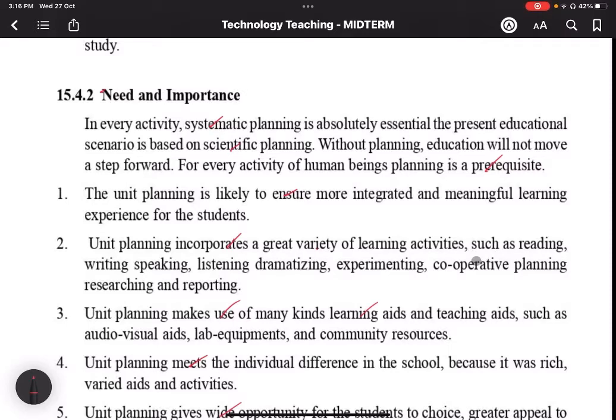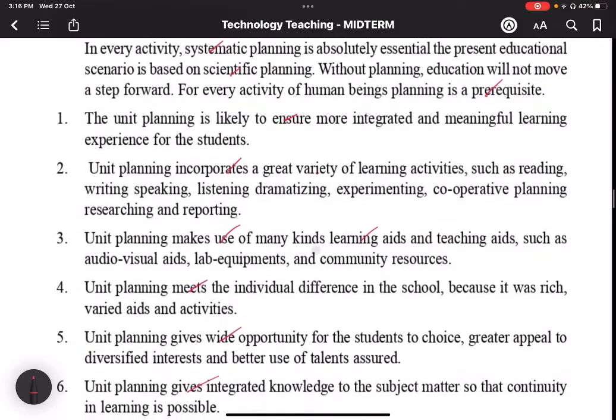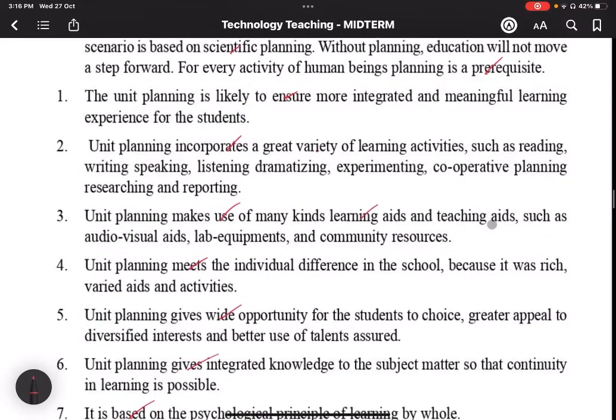Okay? Nagre-research ang mga teacher, nagtatanong, nag-observe, okay? Kung ano yung nararapat na mga activities na pwedeng ibigay sa mga students niya para ma-absorb nila yung lesson. Unit planning makes use of many kinds of learning aids and teaching aids.